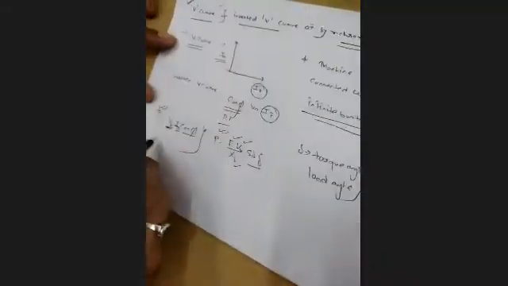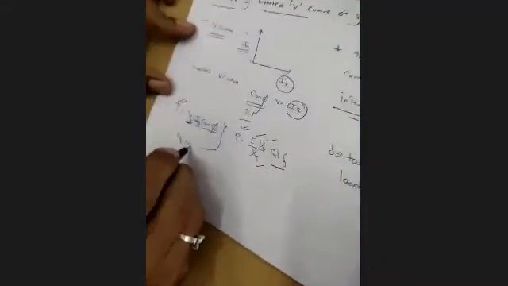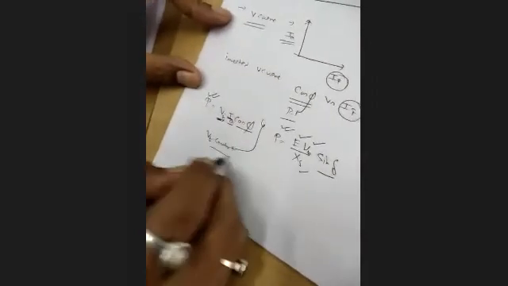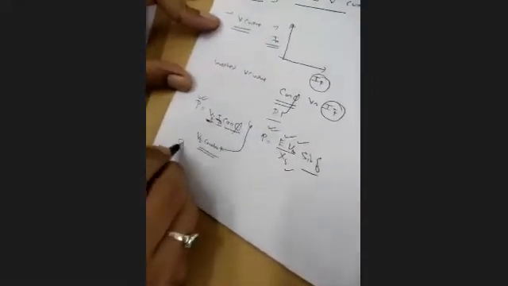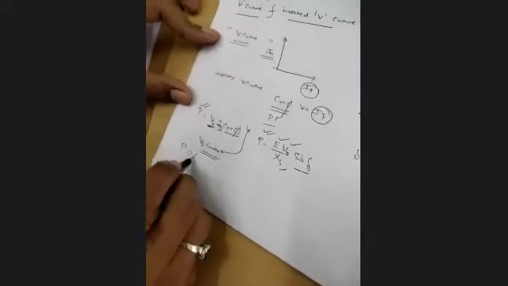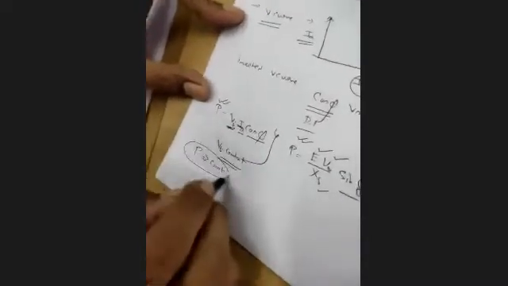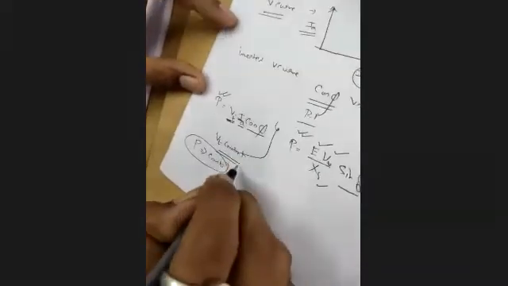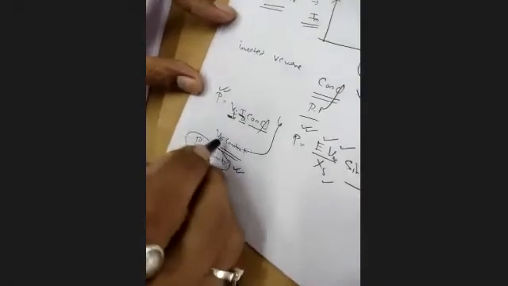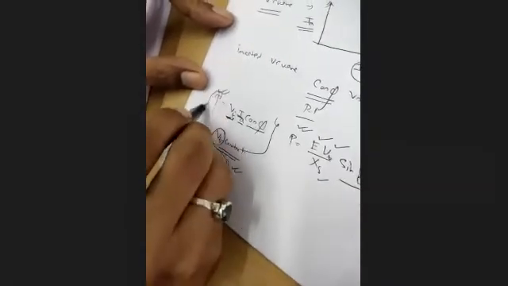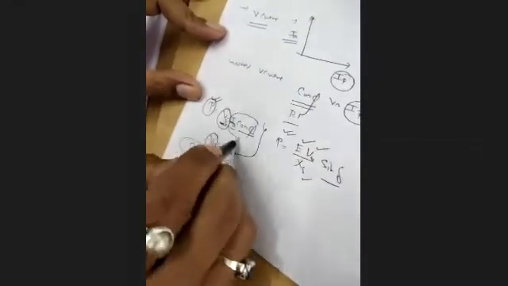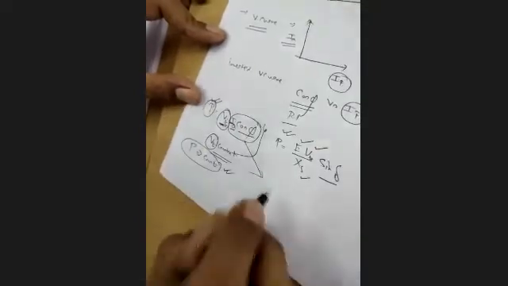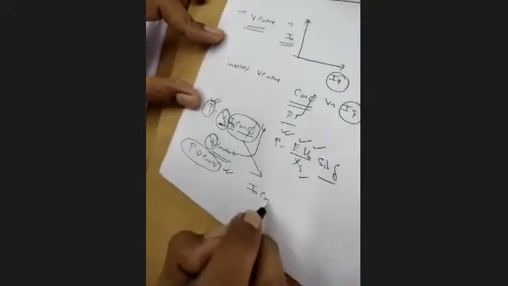Now as the machine is connected with infinite bus bar, that means Vt is constant, and power is also constant. Here we are not changing the load of the machine during our experiment, that means power P is constant, Vt is constant, so Ia cos phi should be constant.